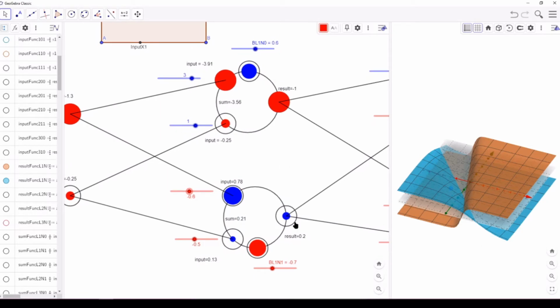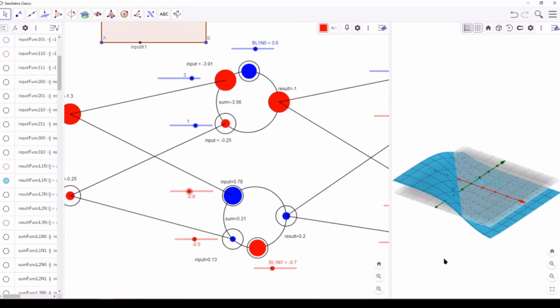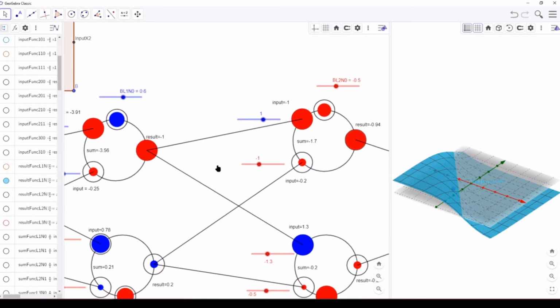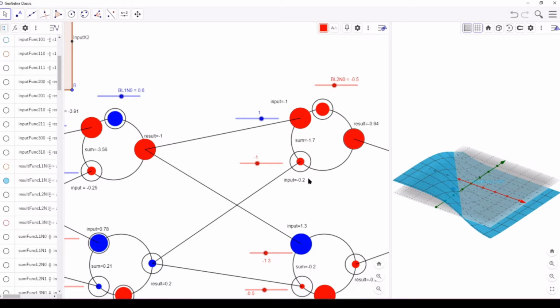Now we saw that we can only make those shapes where one half is above zero and the other half is below zero. But to get a more complex function, we have to combine multiple neurons in a second layer, which is exactly what happens here.